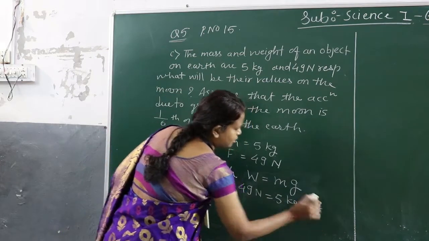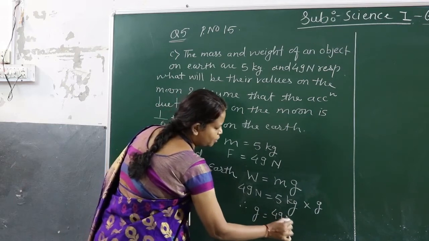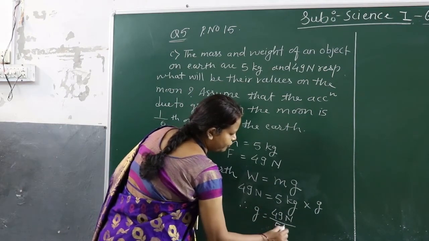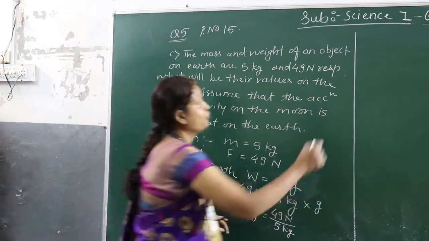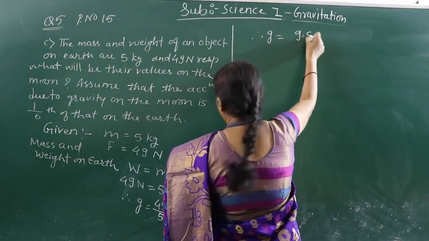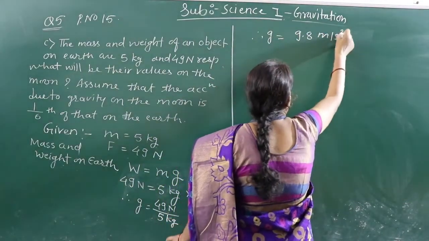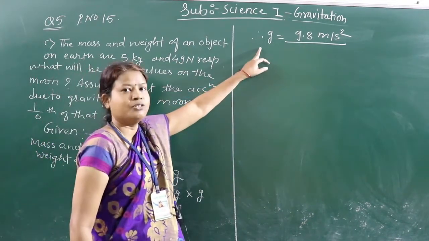Therefore g is equal to 49 Newton upon 5 kg. After solving this, you will get the value g is equal to 9.8 meter per second square. It is the value of g.